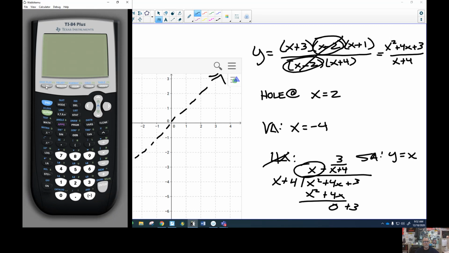If we graph the original function, and let me turn this back on, we graph the original function. On top, I'm going to do a double parenthesis. I'm going to write this in just like it is.